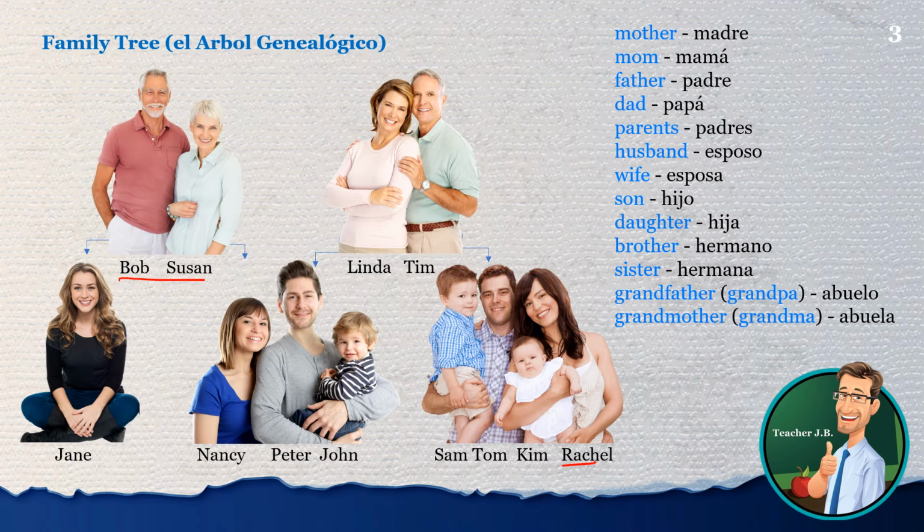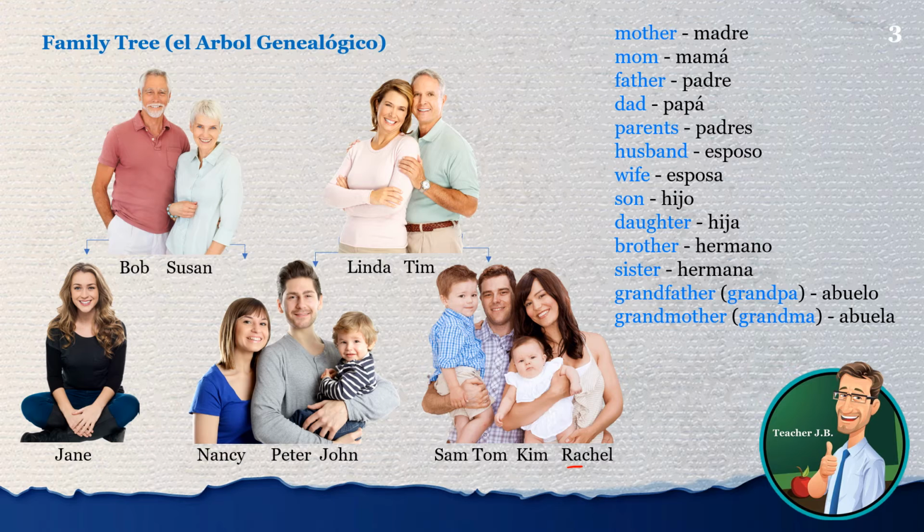Bob and Susan have two daughters, Jane and Nancy. Linda and Tim, no daughters. And Nancy and Peter, no daughters. And Tom and Rachel, they have one daughter, and whose name is Kim. Okay? Son and daughter.